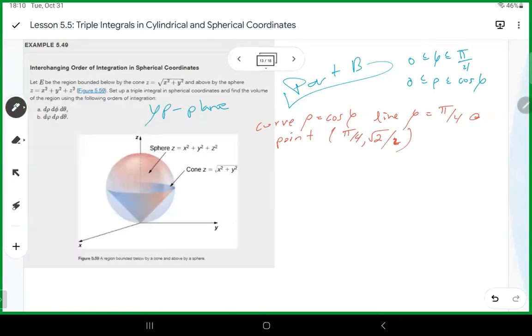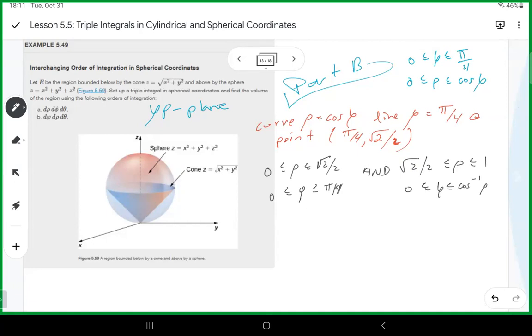These are the 2 pieces we're going to need. Okay?